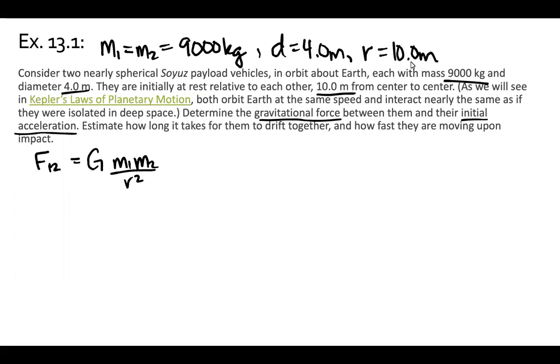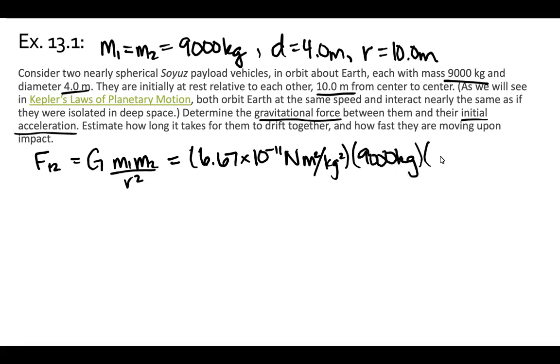All right, so let's plug everything in. G is going to be 6.67 times 10 to the negative 11th newton meters squared over kilograms squared, times our masses: 9,000 kilograms times 9,000 kilograms.